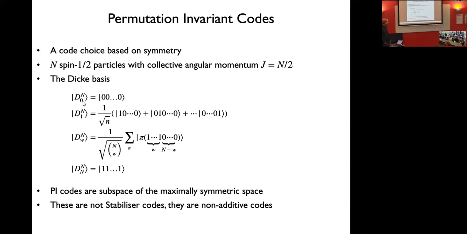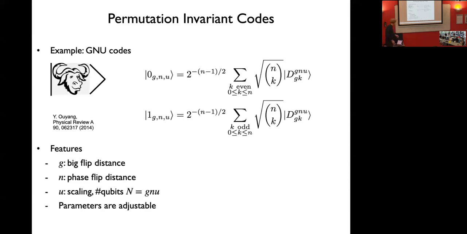So these permutation invariant codes are subspaces of this maximally symmetric space. They're not stabilizer codes. They are, in fact, non-additive codes. Let's just look at an example of one of these.